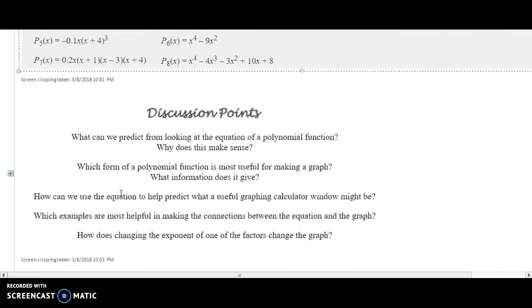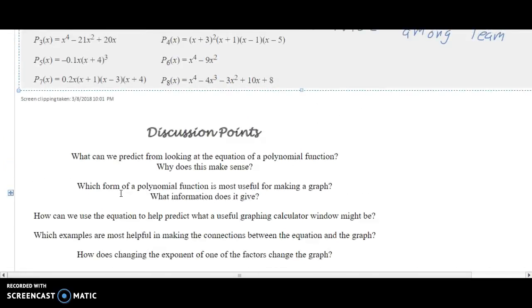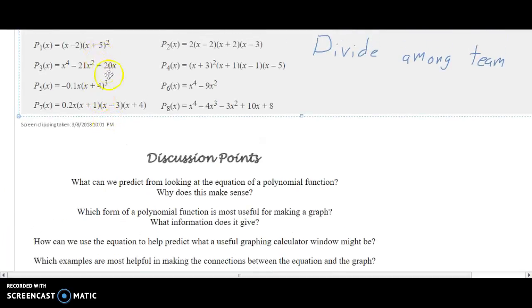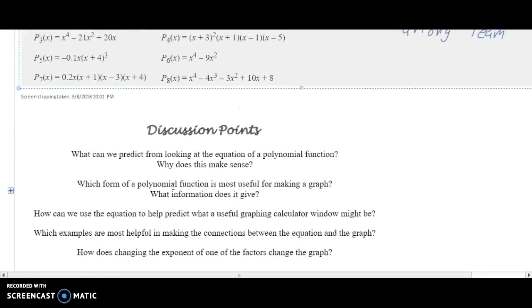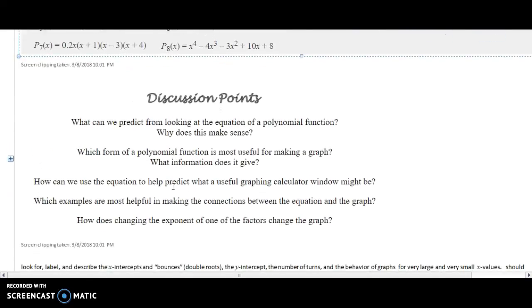And some of them are going to be a little harder. So when they're in factored form, you should be able to tell me some things right away. When they're not in factored form, such as 6 and 8, and 3, it's going to be a little tougher. But hopefully, you're starting to make some connections between things here.